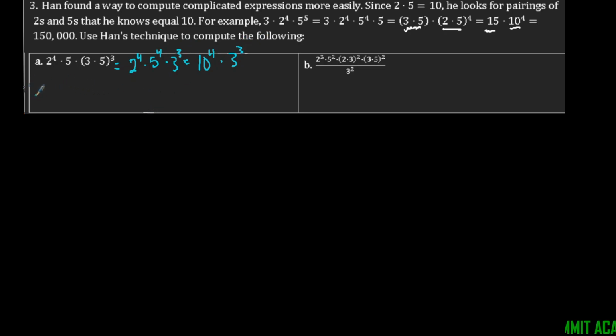And so we're going to say that's going to be the same as 10,000 times 27, which is going to be 270,000. So just make sure that you're multiplying carefully with those.